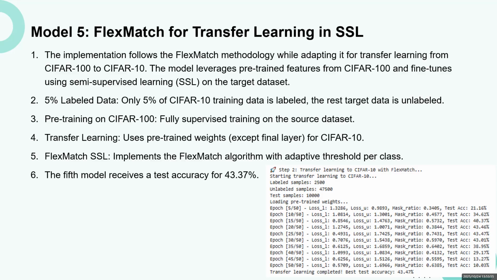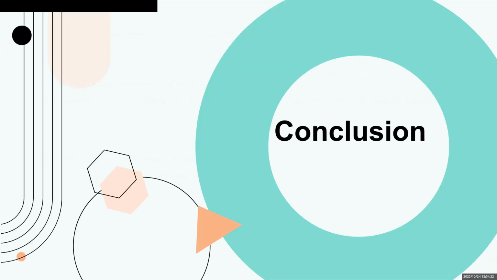We introduce FlexMatch, and in the SSL, we implement the FlexMatch algorithm with an adaptive threshold per class. And in the fifth model, we receive a test accuracy of 43%, and it's only the current test accuracy and will improve in further experiments.